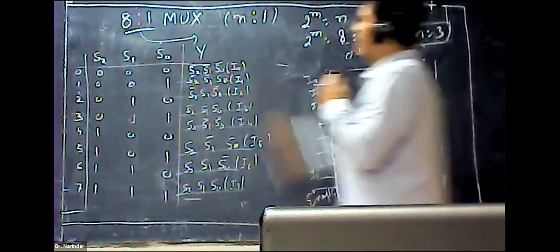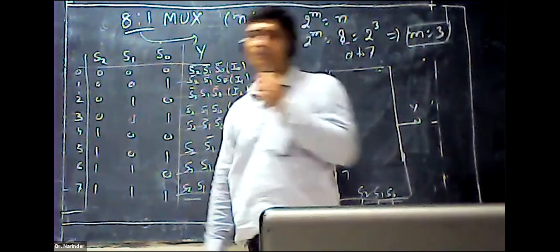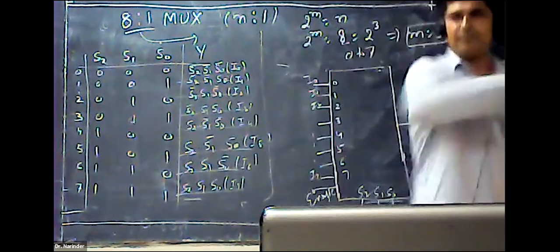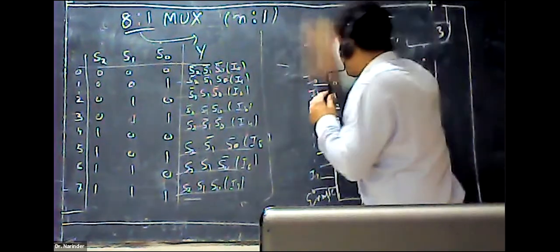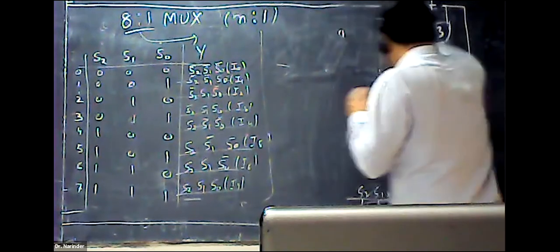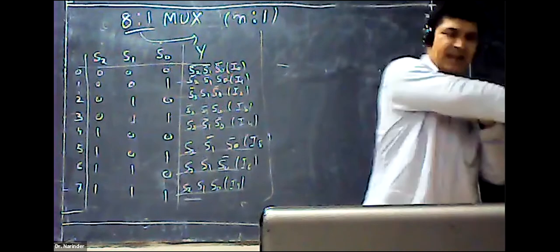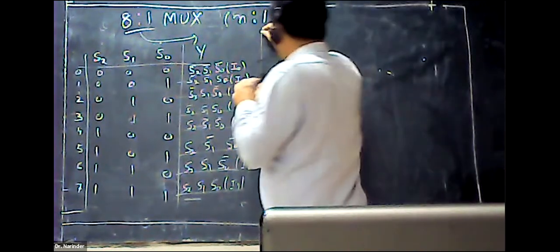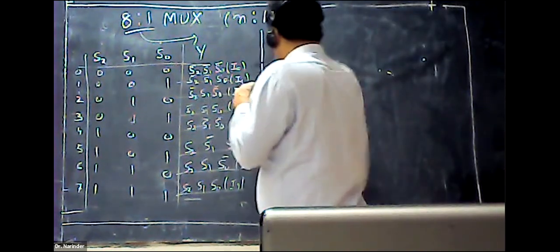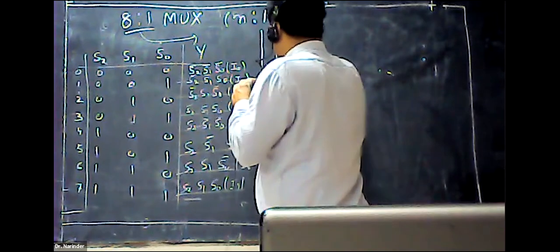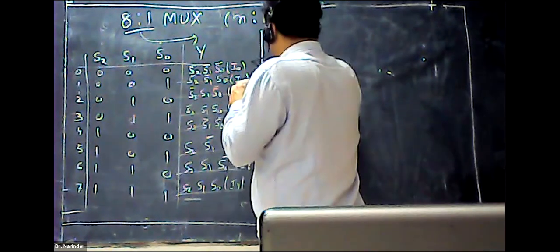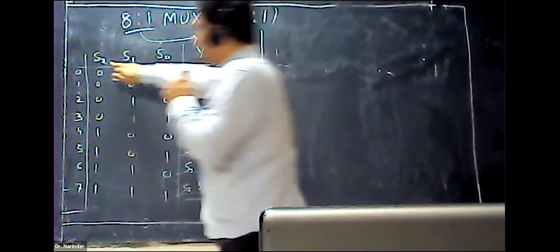Now you should draw its circuit diagram. Circuit diagram would be as follows. How many inputs are there? 8. Draw here 8 lines. 8 inputs, and how many select lines are there? 3.